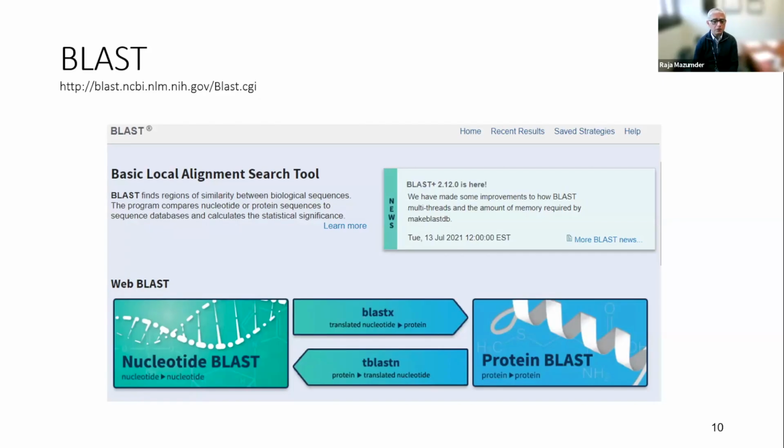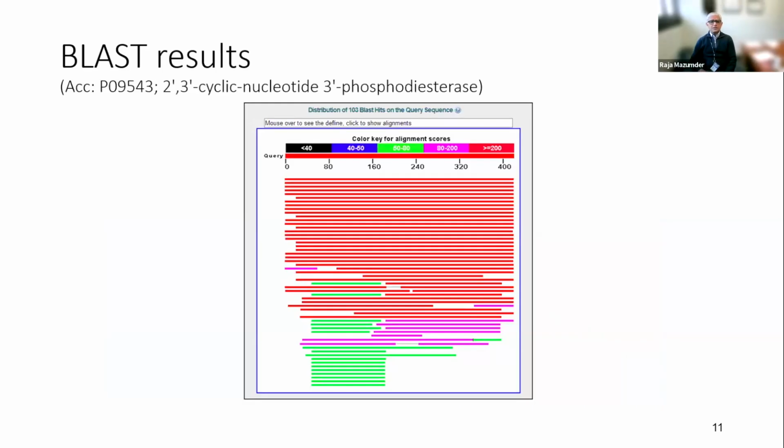You still use it to better understand whether they are indeed homologous or not. This is a screenshot of a BLAST result from NCBI, and this screenshot was taken several years ago. Why I can't take this type of screenshot as easily now is because the number of sequences in the databases has grown so much that if you just run BLAST at NCBI, you will find everything red, right?